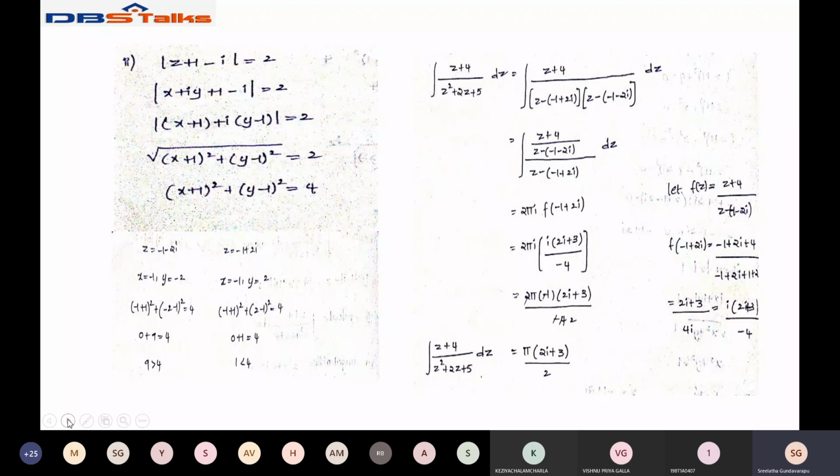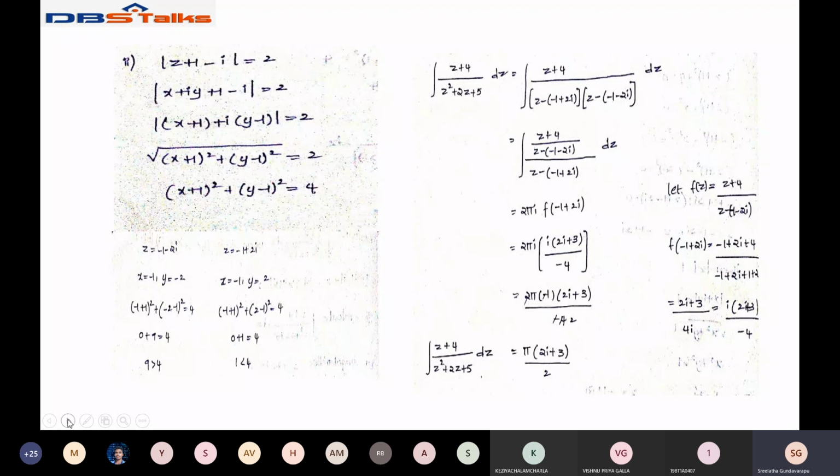Now we have to write the integral (z+4)/(z−(−1−2i)). The singularity is outside the circle, so its denominator factor is taken into the numerator, and the integral becomes (z+4)/(z−(−1−2i)) over (z−(−1+2i)), where this singularity is within the circle, dz.